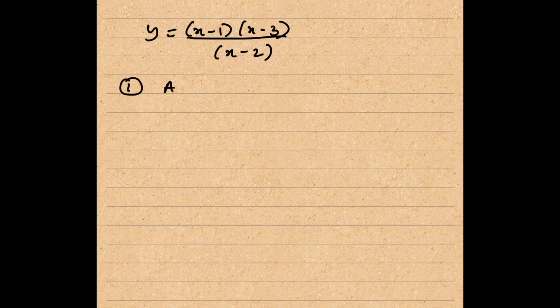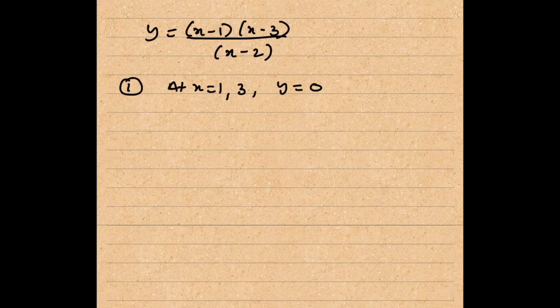Now in the first example, we have taken the function as (x minus 1)(x minus 3) upon (x minus 2). Let me plot the graph of this. Now in order to plot the graph of this, let's see what information is already provided to us. By observation, we can see that at x equal to 1 and x equal to 3, y will always be 0.